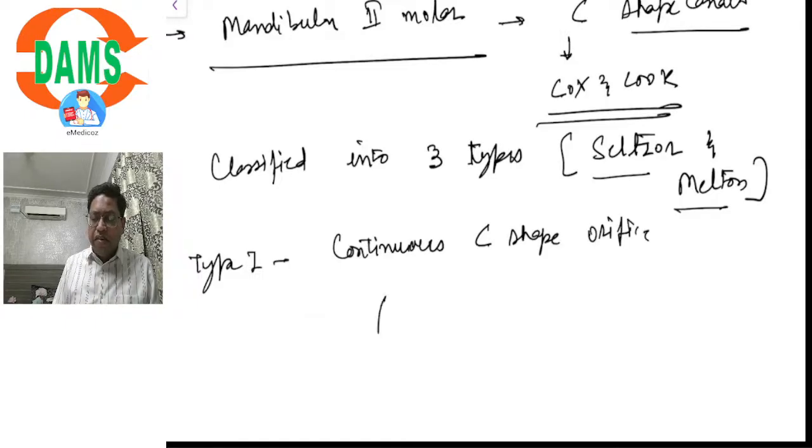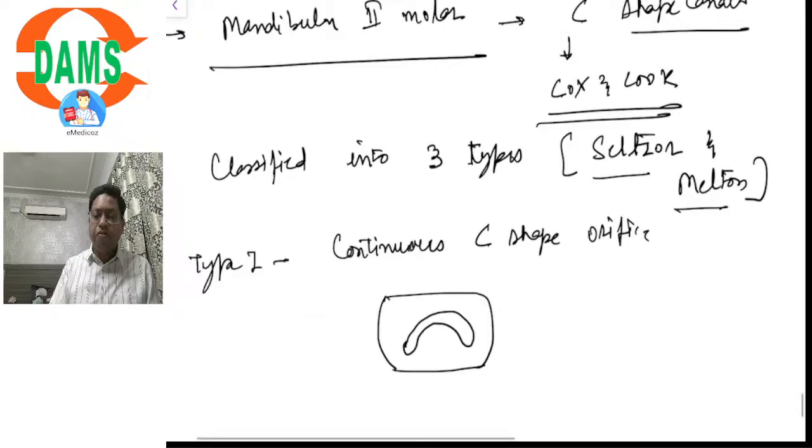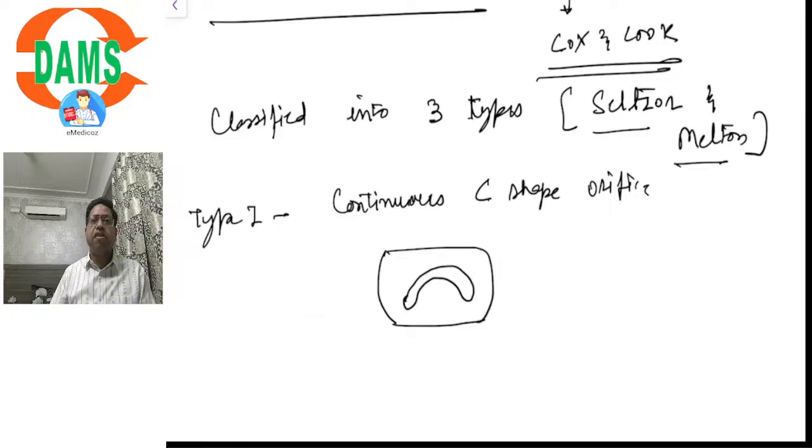If we look at the pulp chamber of a mandibular second molar, instead of different orifices, we would find one continuous C-shaped orifice from mesial to distal, known as type 1 C-shaped canal. We would not find separate canals, but a complete continuous C-shaped orifice.